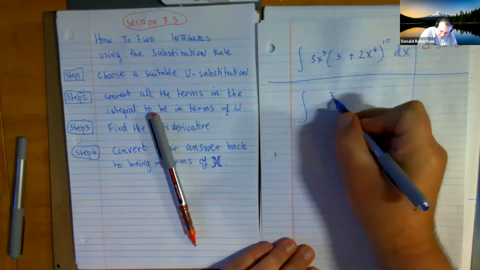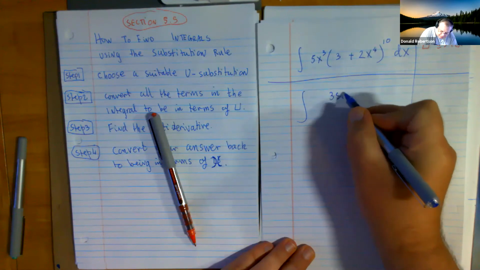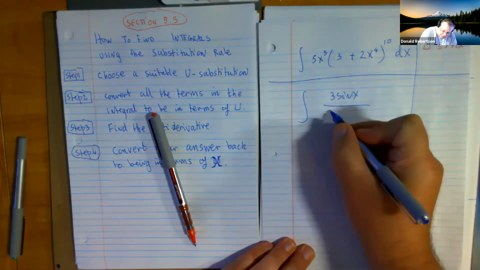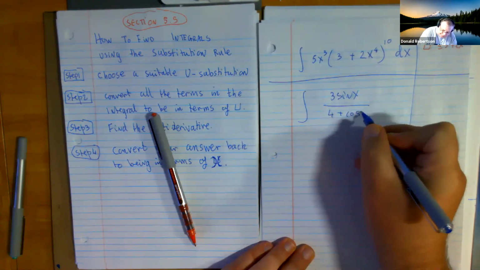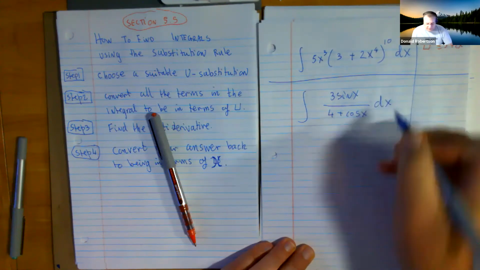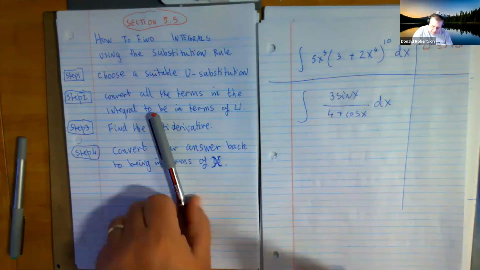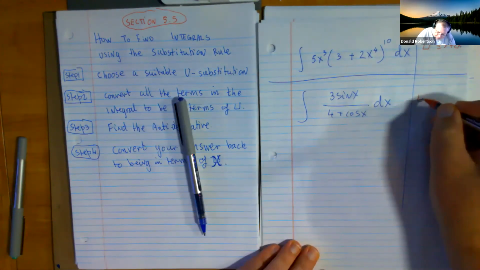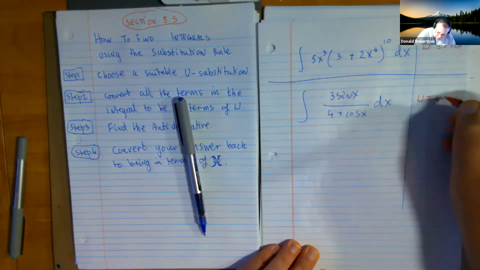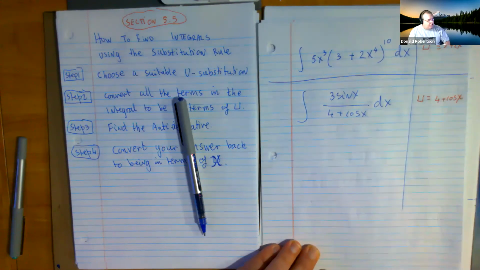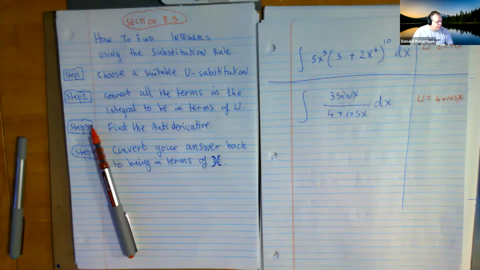If you have a fraction, your typical u-sub will be the denominator.